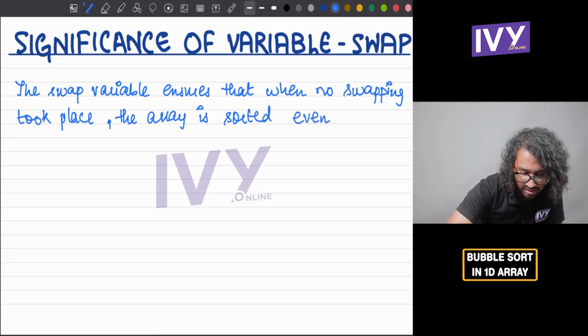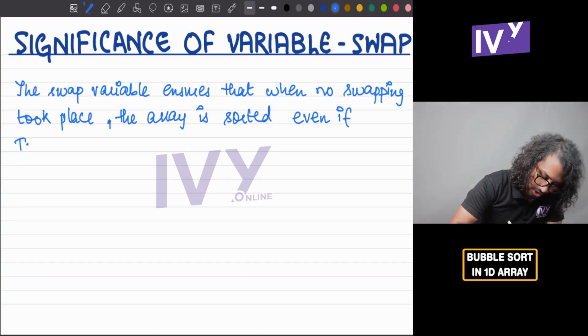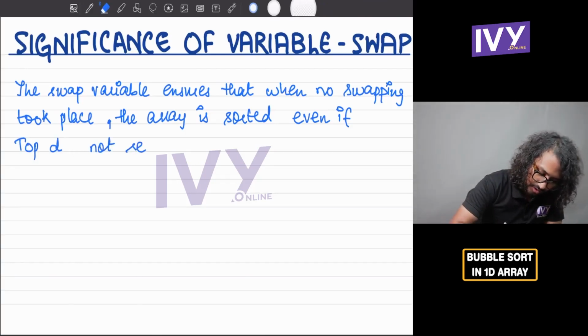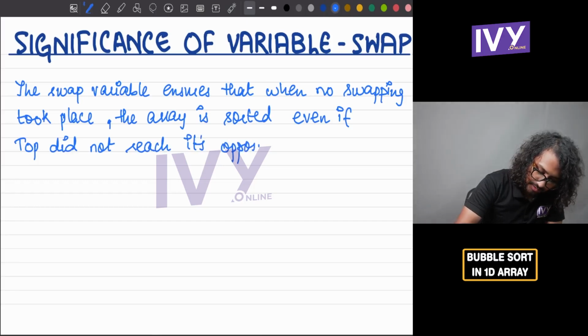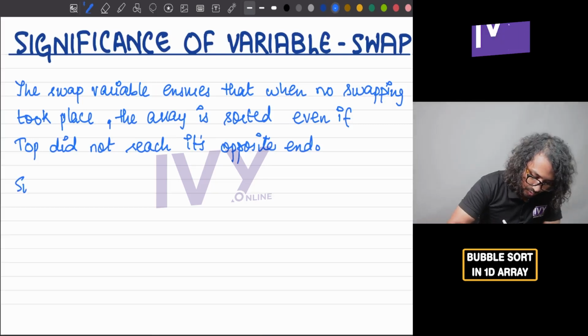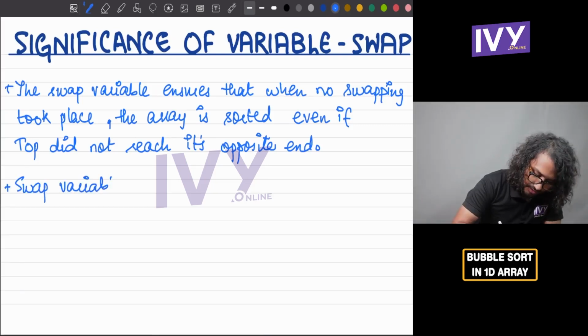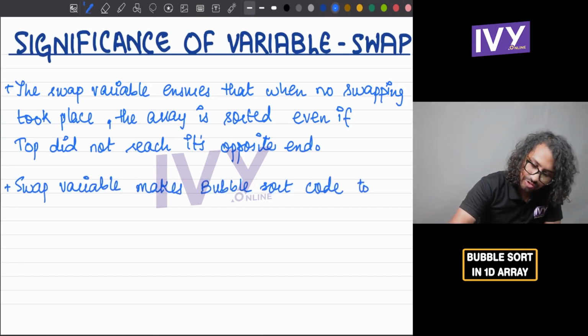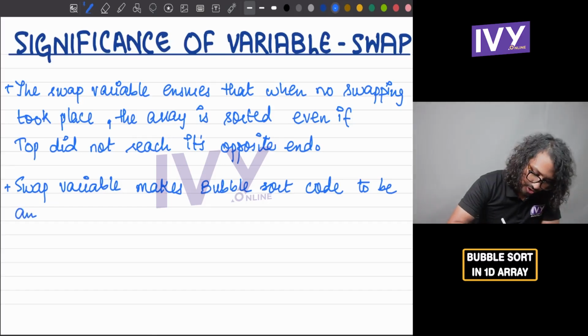Even if top did not reach its opposite end, the swap variable makes the bubble sort code an efficient one.